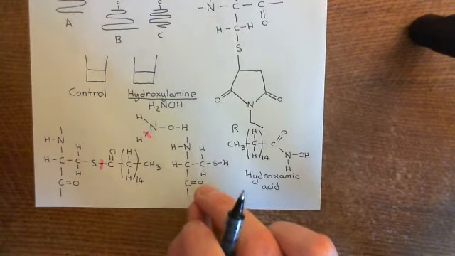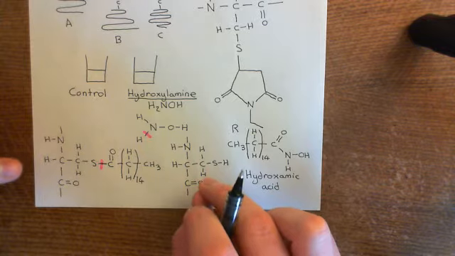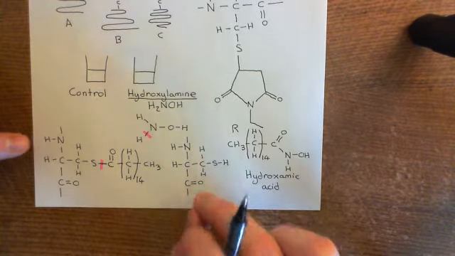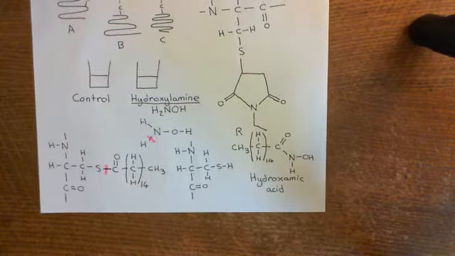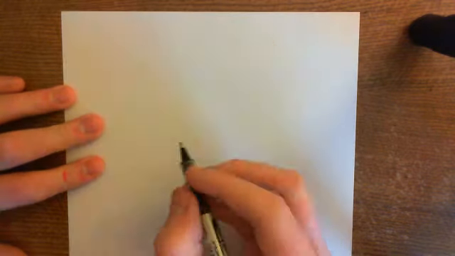The important thing is that we have now re-exposed the cysteine residues where the palmitoyl groups were bound. So let me get another piece of paper and I'll show you what now has happened to protein A, protein B and protein C in this test tube into which we have added hydroxylamine.